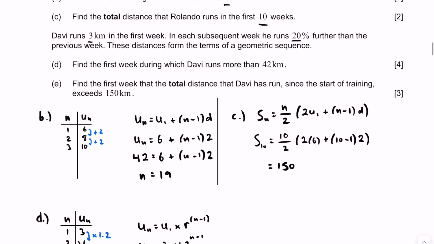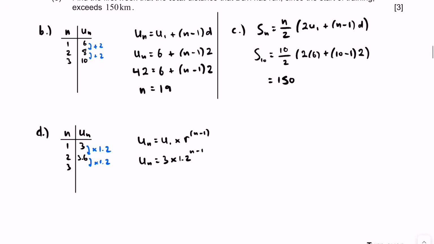Okay. Find the first week during which Devi runs more than 42 kilometers. Okay, so in this case, input-output, the output is 42. What is the input? What is the week in which he reaches this value of 42? So 42 is equal to 3 times 1.2 raised to the power of n minus 1.